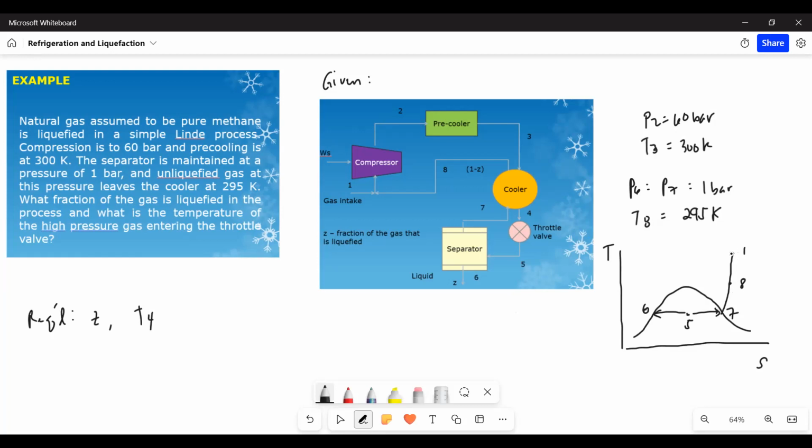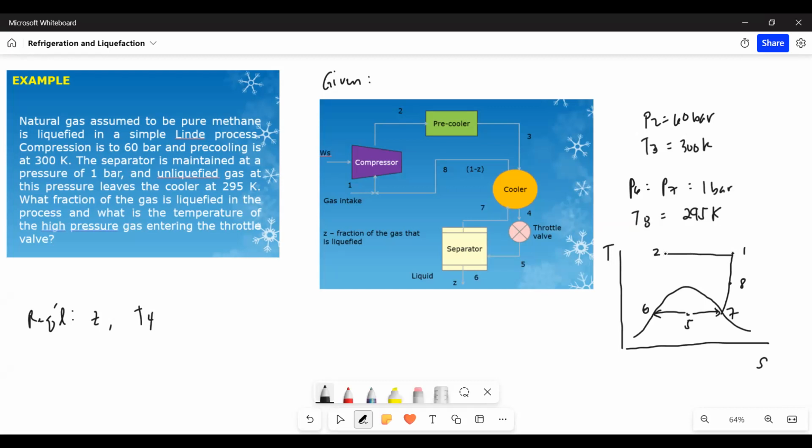Then let's look at point 1, entering the compressor. The gas undergoes compression, so that should be a straight line. This is an isobar right here, so imagine that's a straight line to point 2.